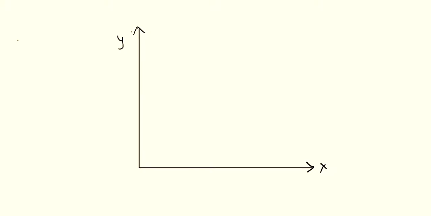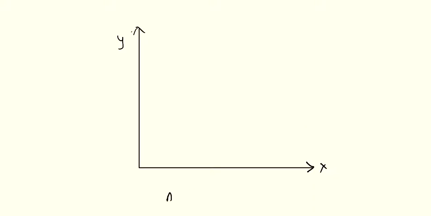Whenever you are having number of students, attendance, population, then that particular data value you have to take in y-axis. The parameters we have to take in x-axis. For example, in question number 1, academic years is given.